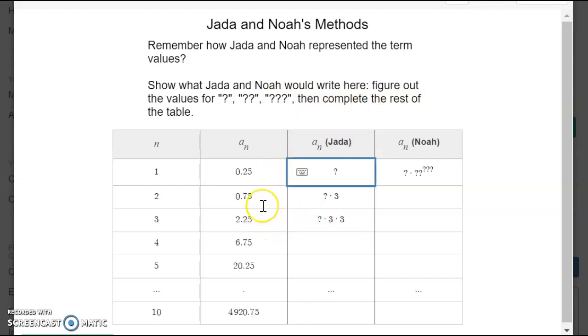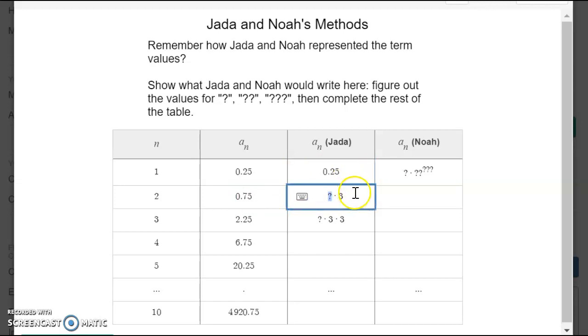The first thing is, what is the first line going to be? The first line is just by itself, so this is going to be 0.25. Now whatever the previous number was, you multiply that by 0.25.